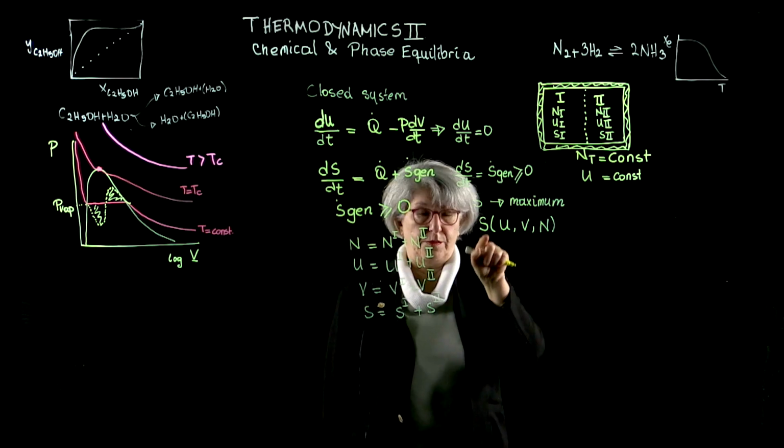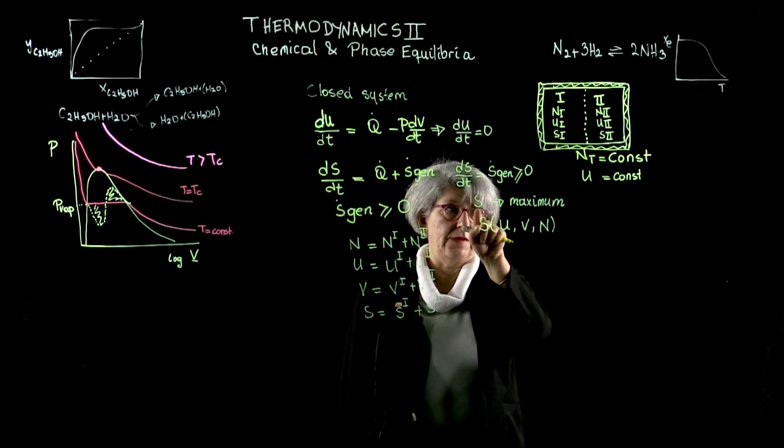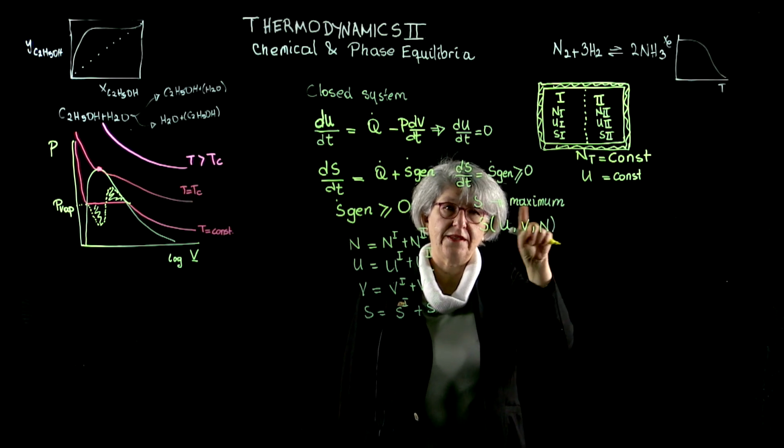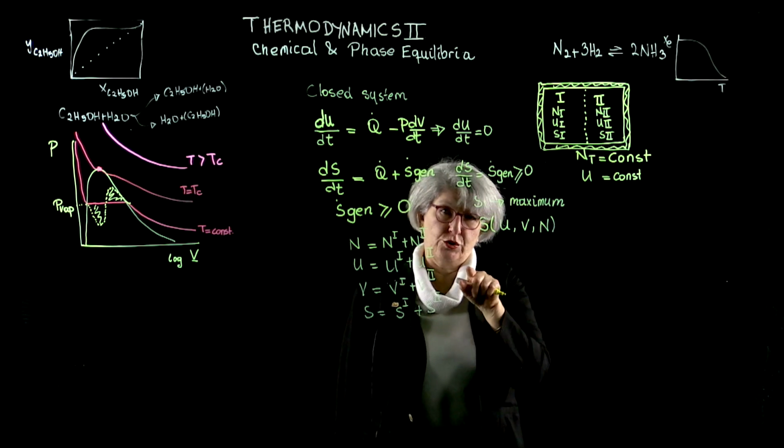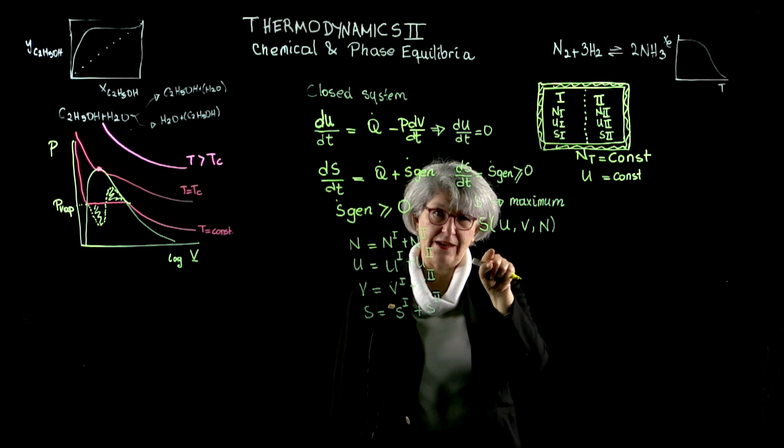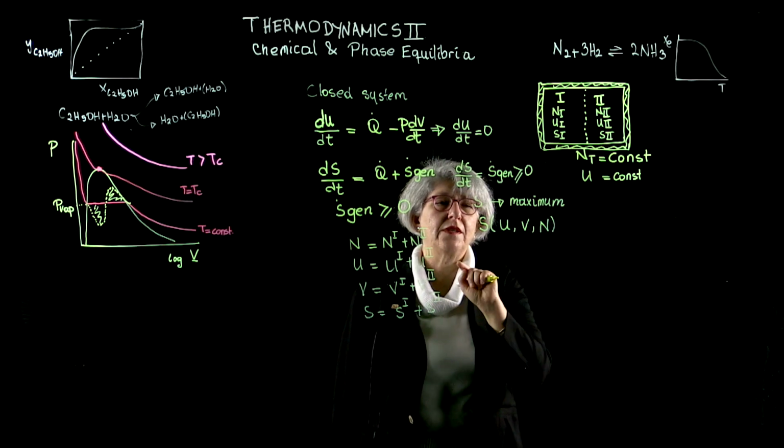So this entropy, if it is going to be maximized, its derivative should be equal to 0. Let's derive the derivative of this entropy.